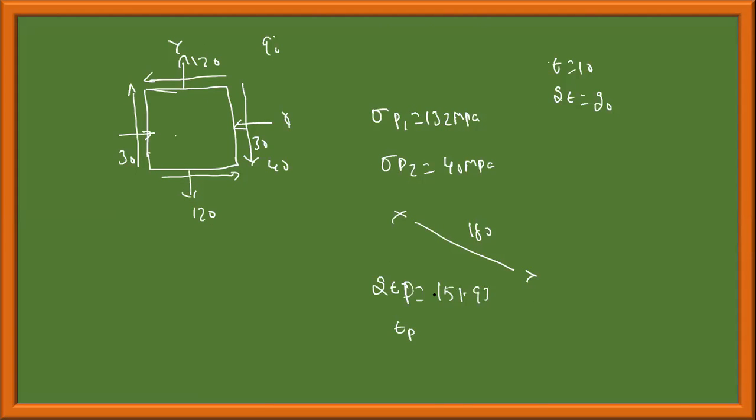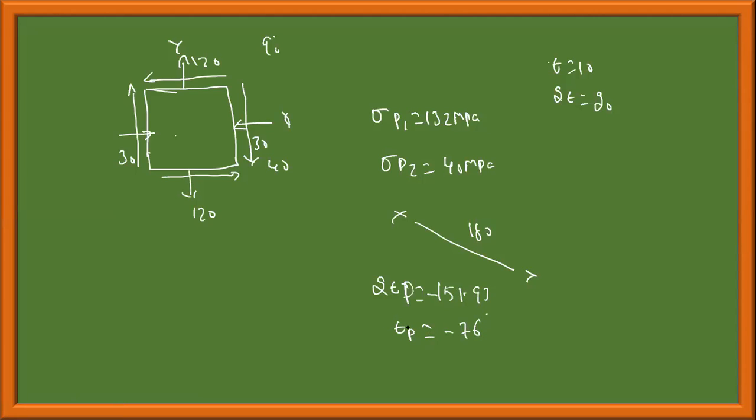Theta P, this is clockwise. Since I measured in the clockwise direction, theta P is equal to minus 76 degrees. Since this is theta P1, as in the previous theoretical problem we did with the circles, whether sigma x minus sigma y is positive or not, don't worry about this.